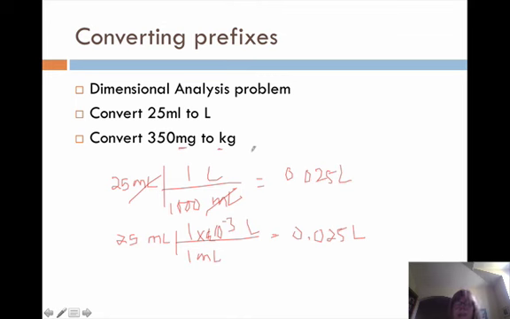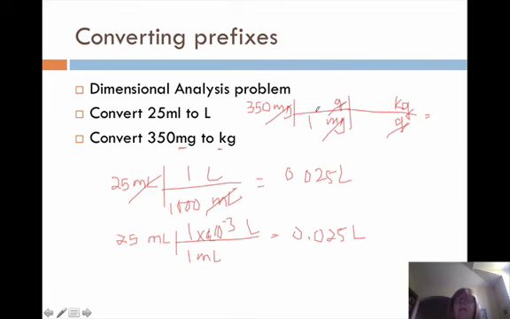Now here we're converting from prefix to prefix. When you have that type of situation, you need to go from milligrams to grams, and then from grams to kilograms. So let's do that. 350 milligrams, only 2 sig figs. I don't want milligrams, so we're going to go to grams. I don't want grams, I want kilograms. See how I used my units here? Milligrams cancel, grams cancel, and I have kilograms.